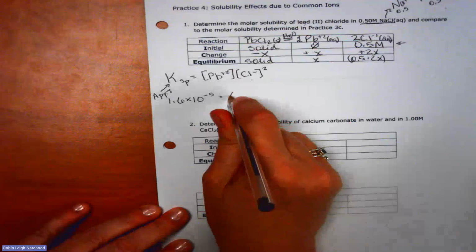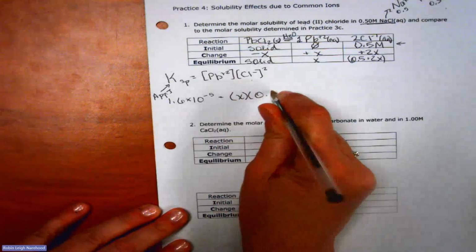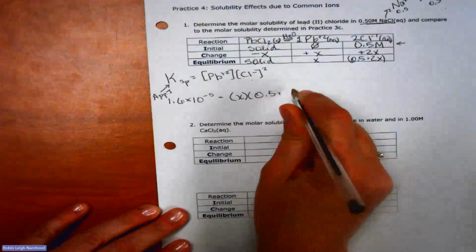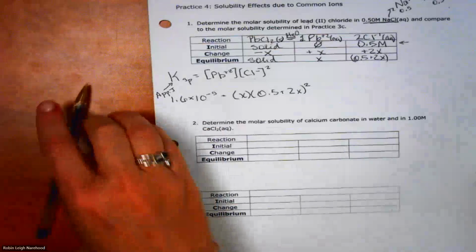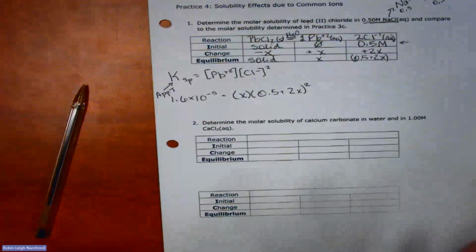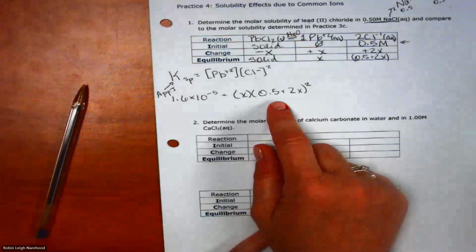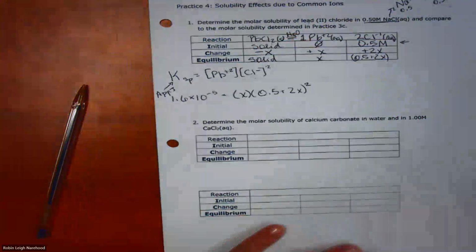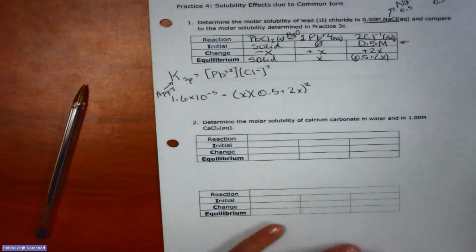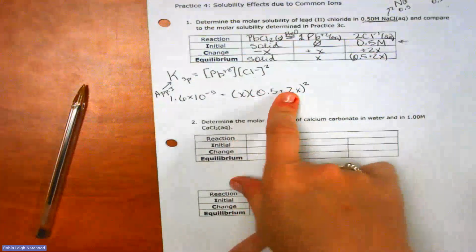So if we plug in X and 0.5 plus 2X squared, we've got a polynomial going on right here, because this is the concentration of chloride at equilibrium. If you do the math here, you're going to get an X squared term.